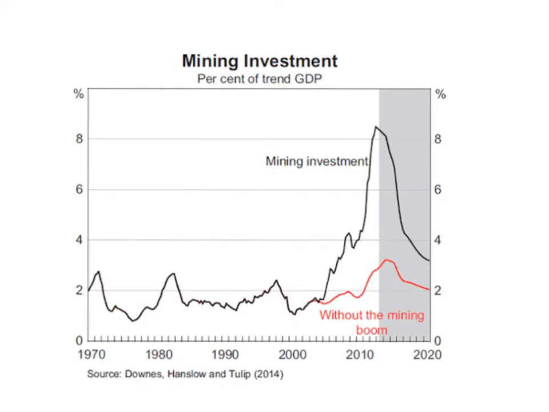Then when that mining investment starts tapering off, the exports continue because the new mines and logistics chains are in place, but there's a fall in the demand for Australian dollars. They don't need as many Australian dollars anymore because foreign investors aren't extending the mines in Australia.